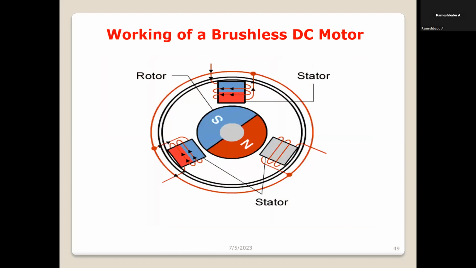The brush and commutator function in a brushless DC motor is done electronically in the driver circuit. Overall, it produces speed and torque with less noise than traditional brushed motors, and is more efficient. Now fans and other appliances are using BLDC motors because of high efficiency. That is the brushless DC motor.